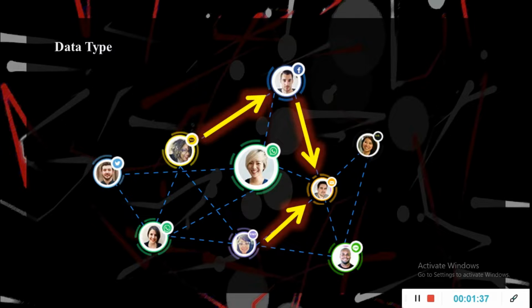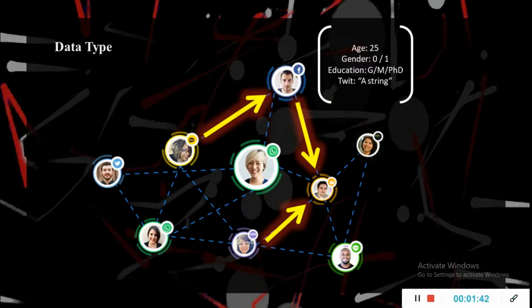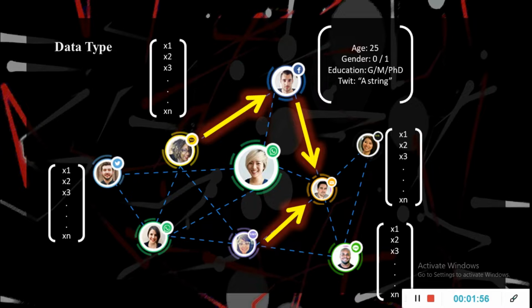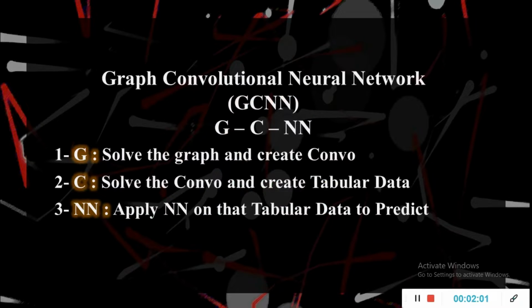And one more thing: along with the network, this data can also have a vector, like age, gender, education, and whatever they are tweeting about any political party or movies. Each person on the network has such vectors. In this video I'm going to explain GCNN in 3 basic steps, and after learning these 3 steps you will be a master of GCNN.